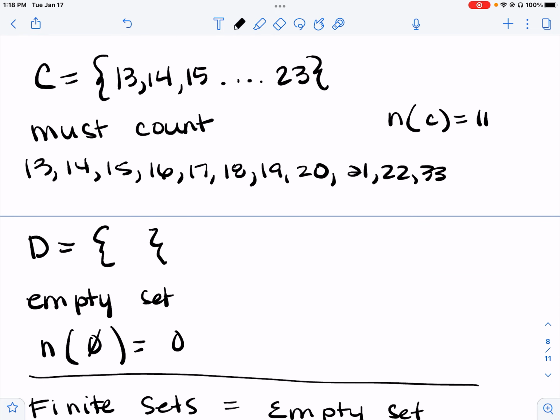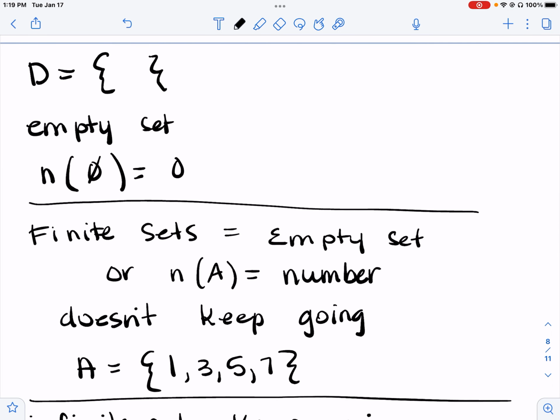Okay, what about C? 13, 14, 15 through 23. The best thing to do is to write that out and then count them. Write out the whole thing, 13 to 23, and then count.